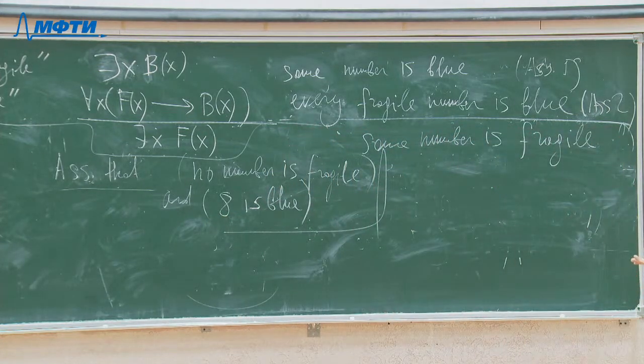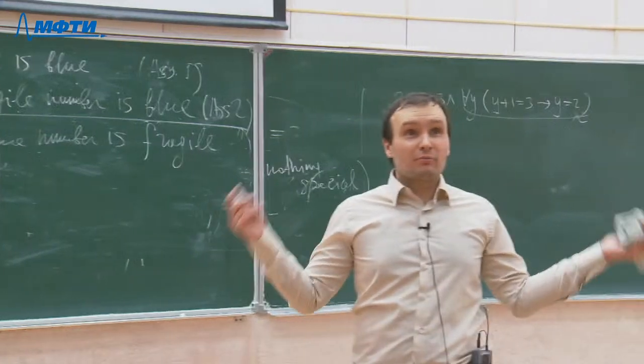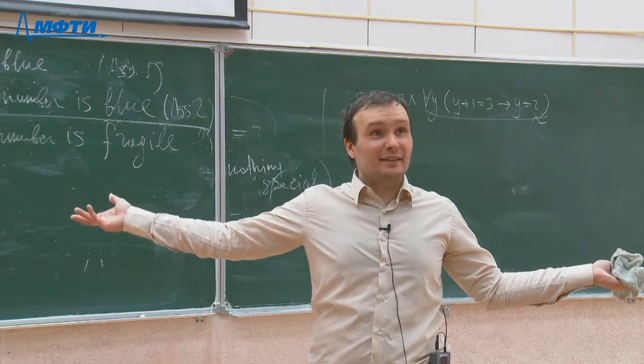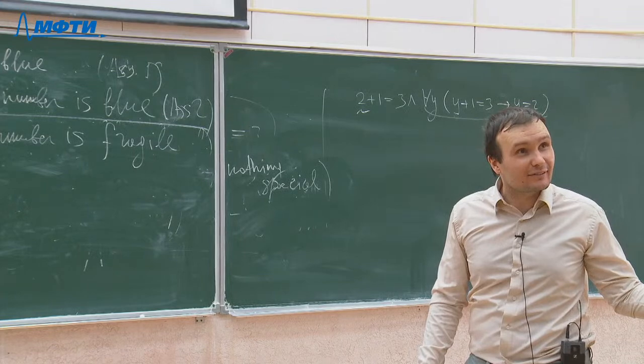In general, it's possible to define fragility and blueness this way, so that 8 is blue and no number is fragile.